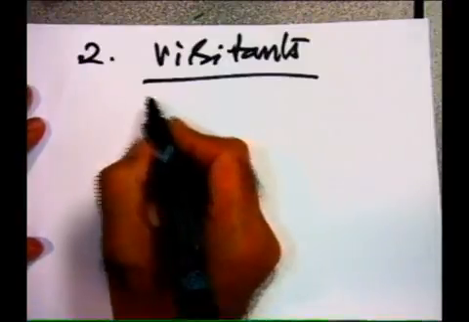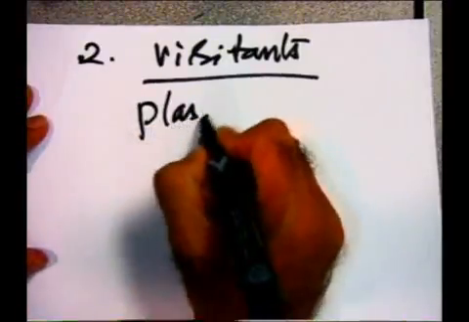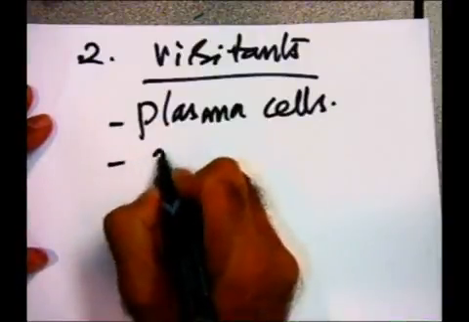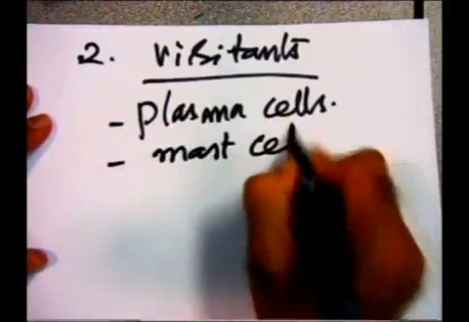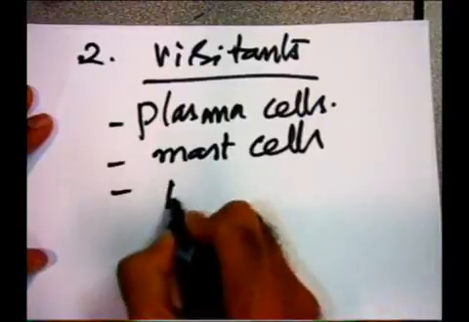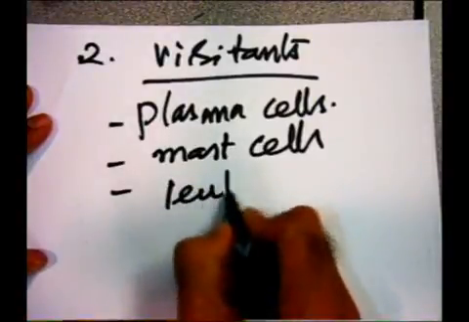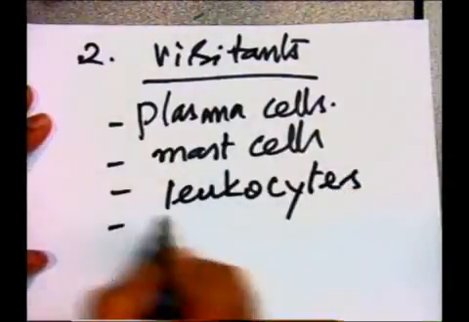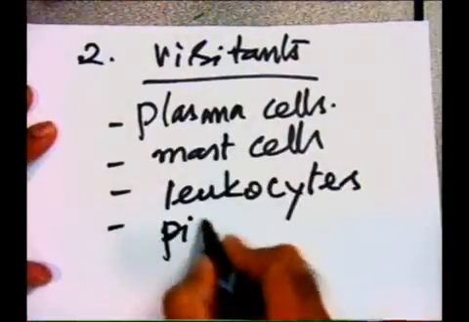Visitant cells are the plasma cells, another one is the mast cells, and leukocytes, L-E-U-K-O-C-Y-T-E-S, and pigment cells.